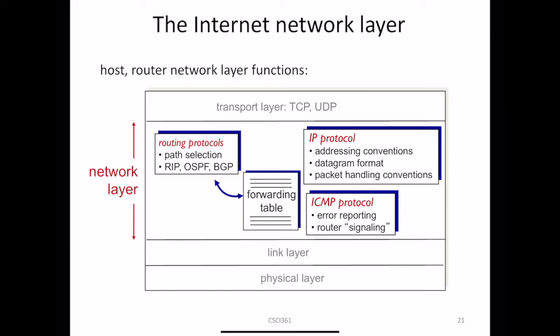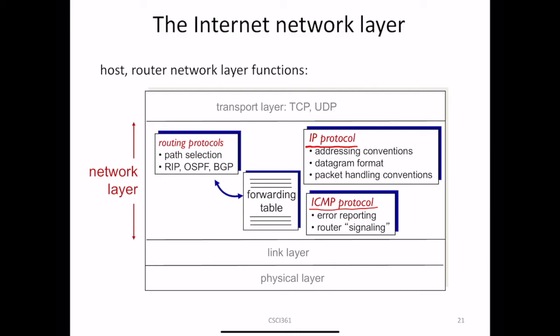One is the IP protocol, which covers the addressing conventions, the datagram format and the packet handling conventions. Another one is the ICMP protocol, which is used to handle the errors for the datagrams, and router signaling will do this kind of thing.